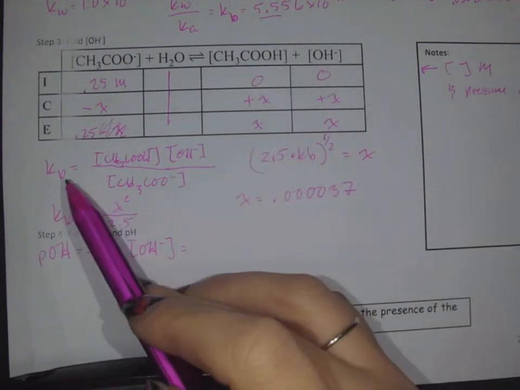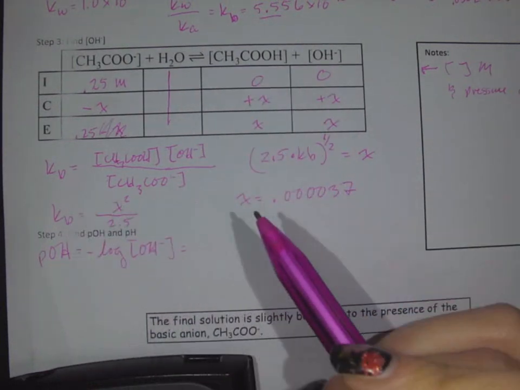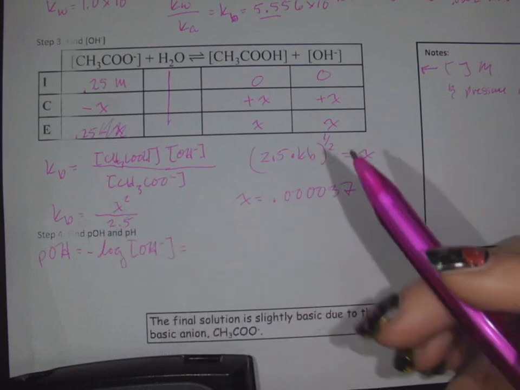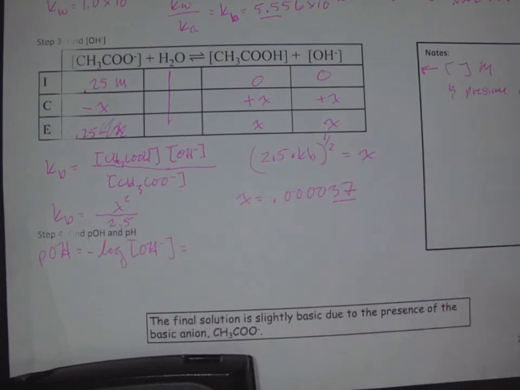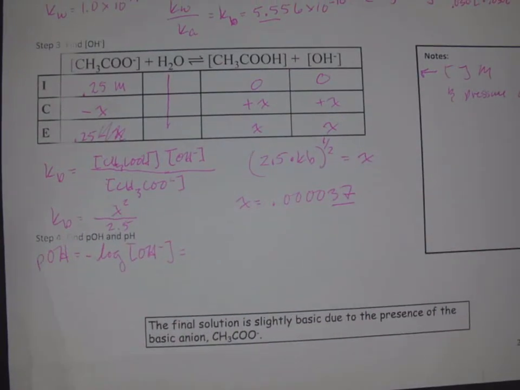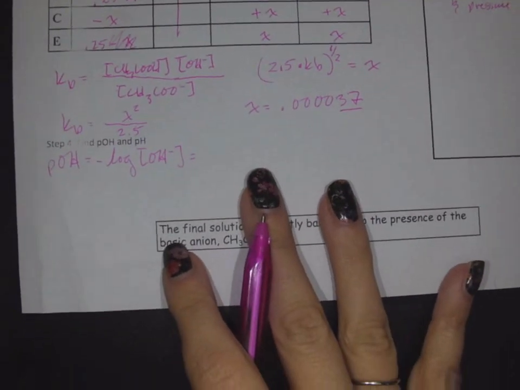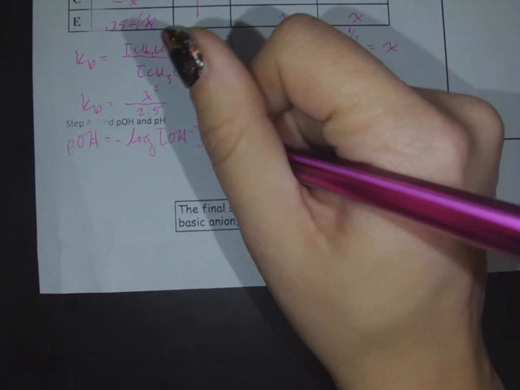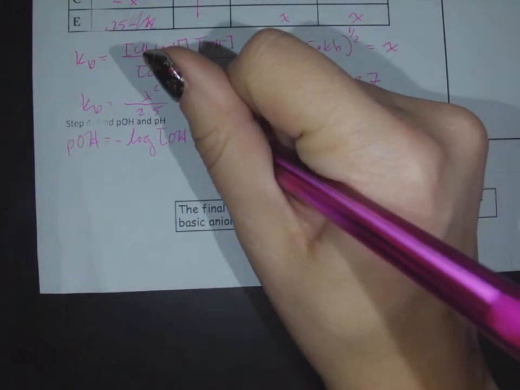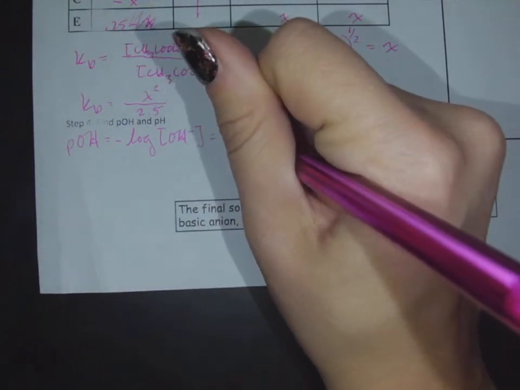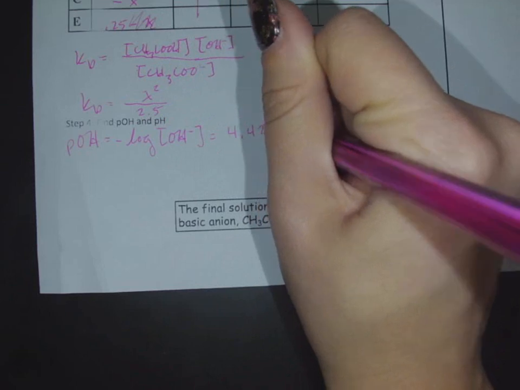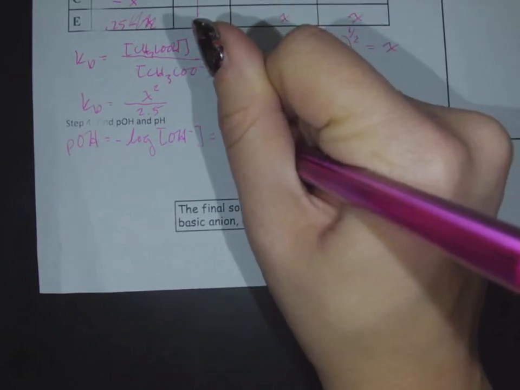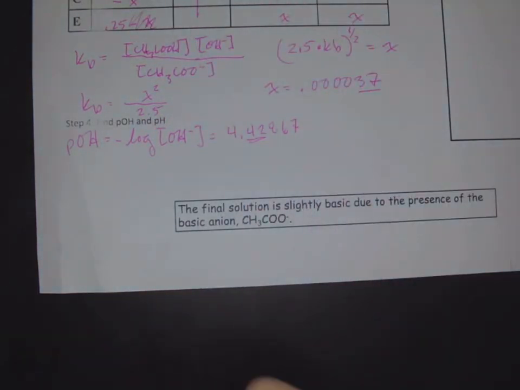To me, I'm seeing a Kb that was 2 significant figures and a 0.25 that was 2 sig figs. So this was 2 sig figs. So when concentrations are 2 significant figures, then pHs or pOHs are 2 digits after the decimal. So 4.42867, but recognizing 2 digits after the decimal.